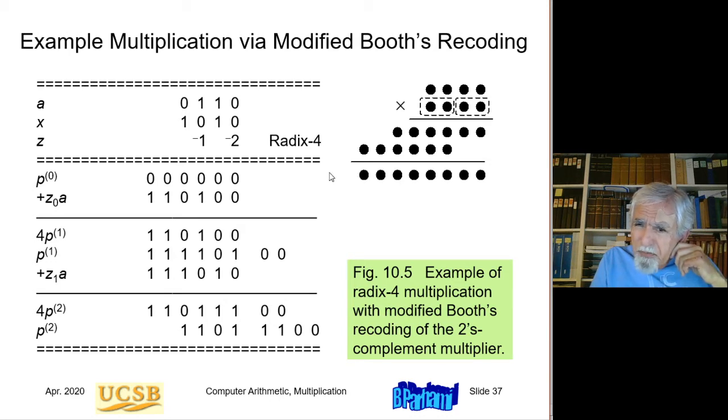Right shift by a radix 4 digit. That gives you P1, right shift. Then the next digit is -1 times a. It's again 1 times a complemented. Add. And you get the negative product after right shifting down here.